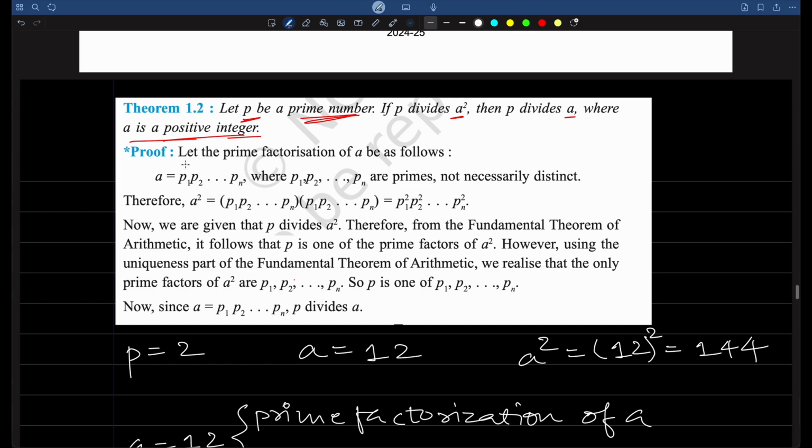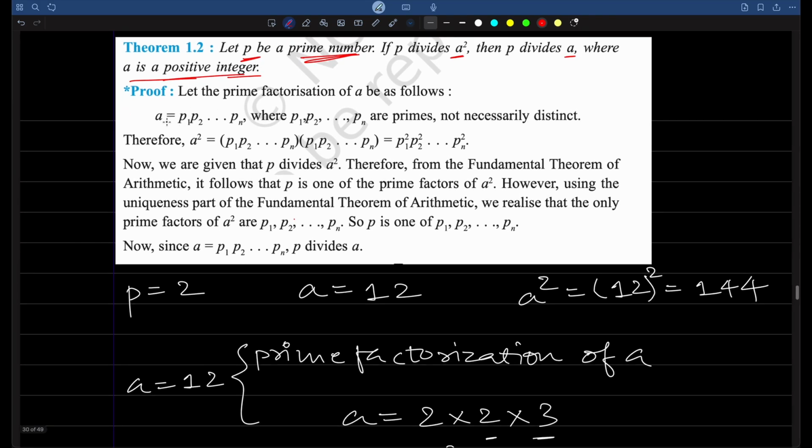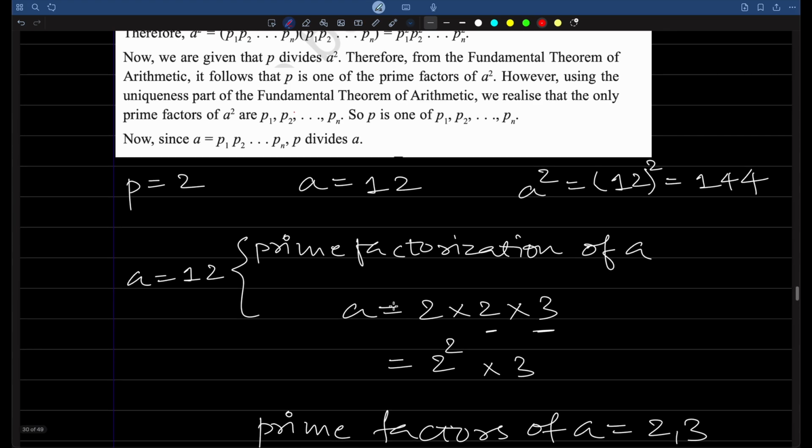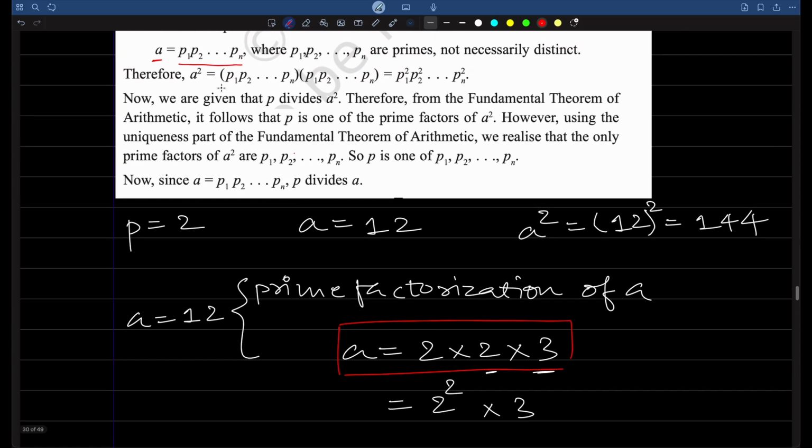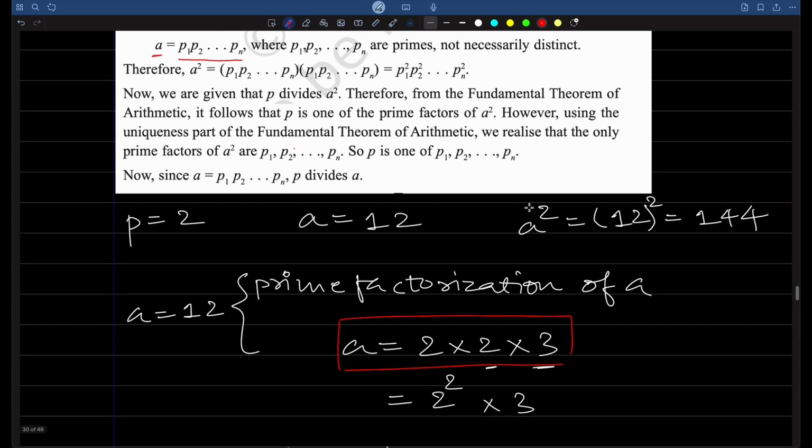So let us understand this theorem. We have written a equals p1 into p2 into p3 up to pn, that is prime factorization of a, that is equal to 2 into 2 into 3, where p1 equals 2, p2 equals 2 and p3 equals 3.